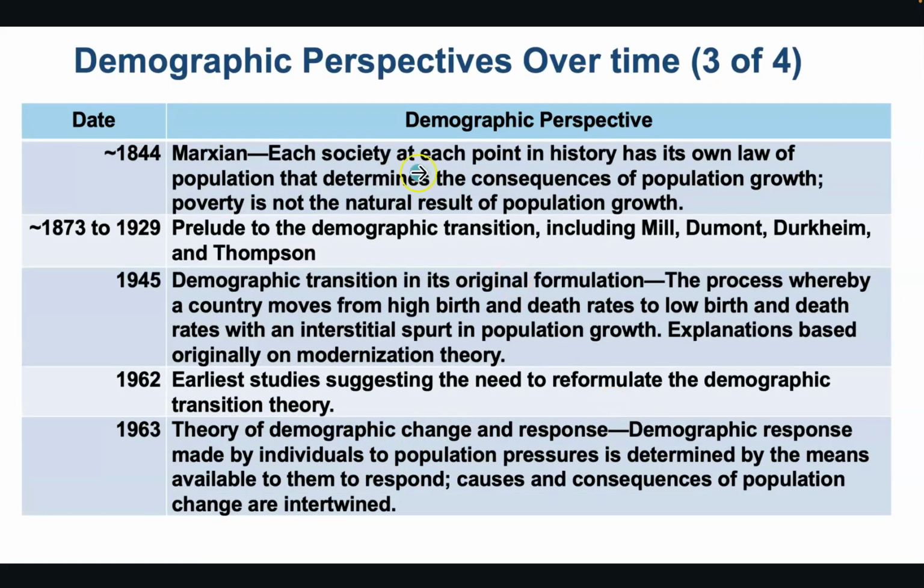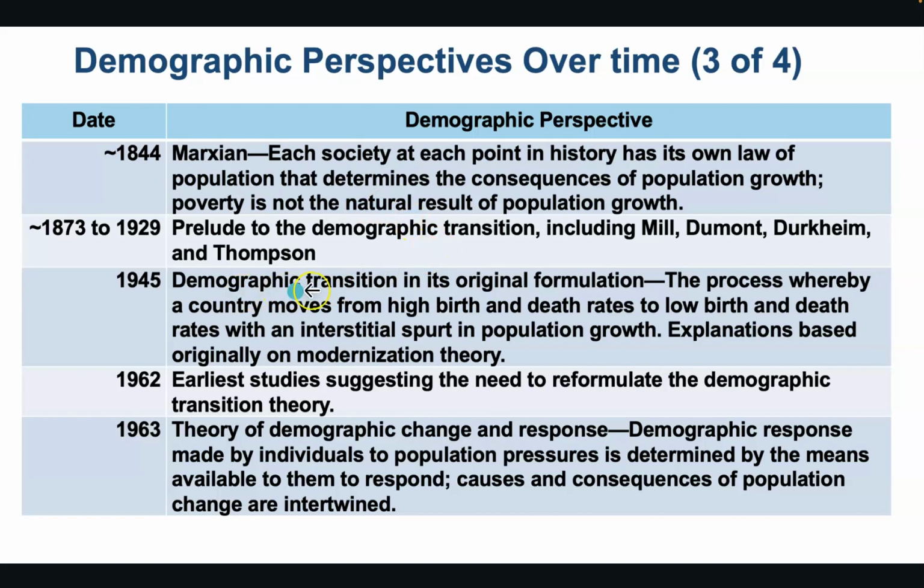But the Marxians, they wanted to have some more equal distribution. So the problem of the population or the problem of the earth or the survivability is very, very unequal distribution of the resources instead of the size of the population. So they would say that the size of the population and the high levels of the birth rates would not be a big problem compared with the unequal distribution.